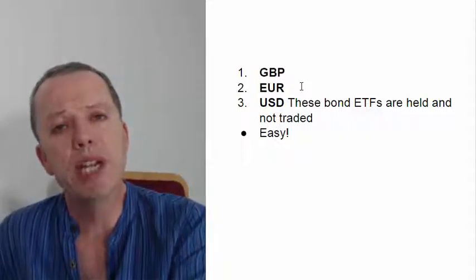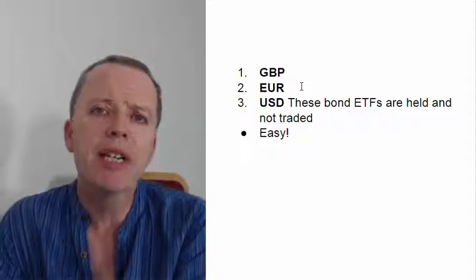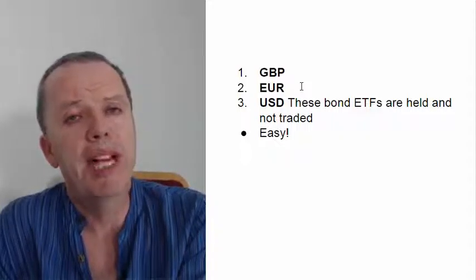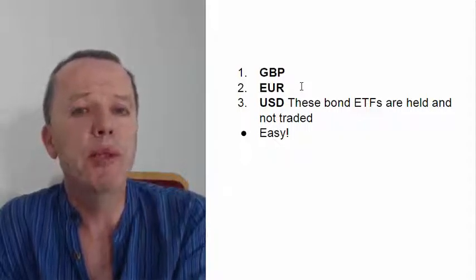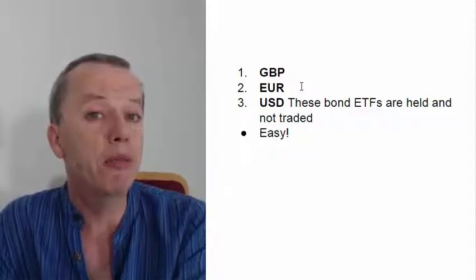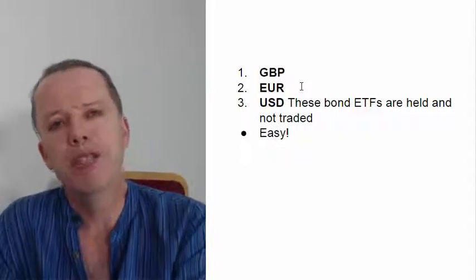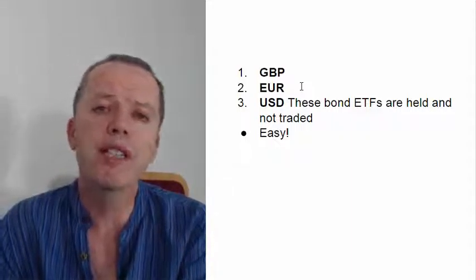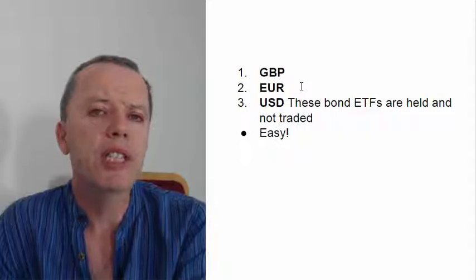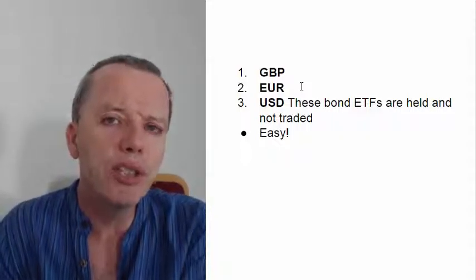So that gives me some currency hedging. If, as has been happening, British pounds are going down in value, I don't want all my bonds to be priced in British pounds. I want some of them to be priced in other currencies, of course. So that's why I have exposure to different bond funds. So I just own them. I don't come in and out of them. So I don't even look at the graph.